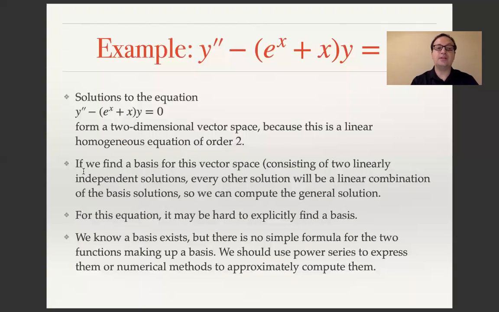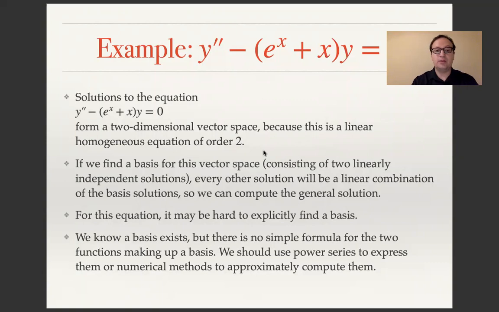So this means that if we find two linearly independent solutions for this equation, then they will form a basis and every solution can be expressed as a linear combination of these two solutions.